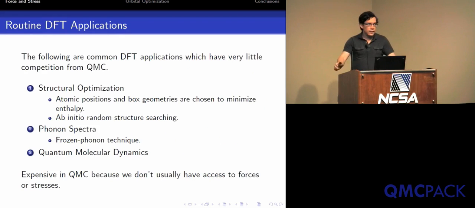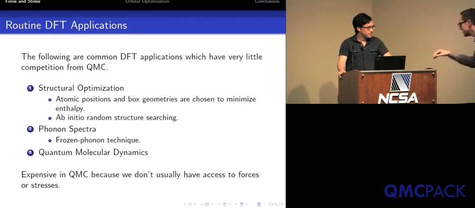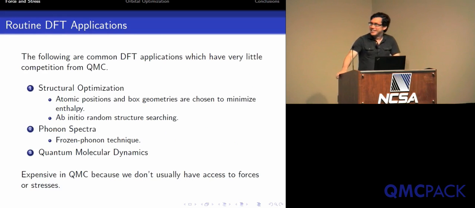And so DFT is pretty much the workhorse in these sorts of calculations. It's a pretty nice balance between being reasonably efficient and being reasonably accurate. So most of the major structure searching programs are done using DFT as a base.